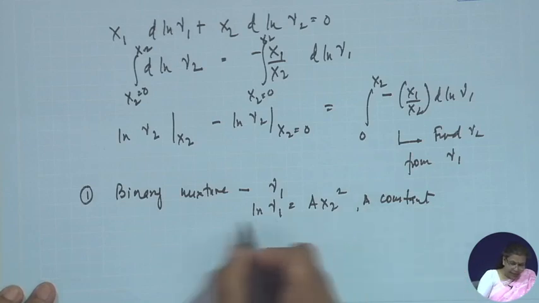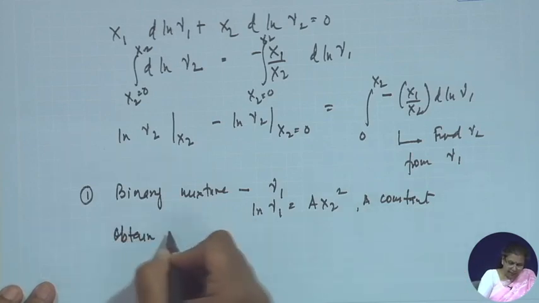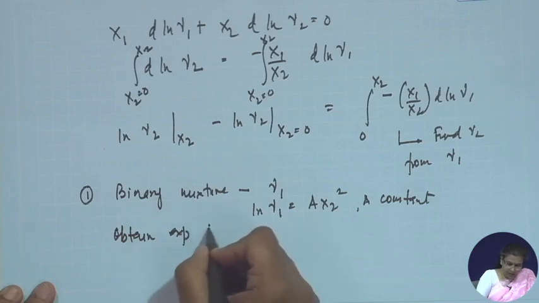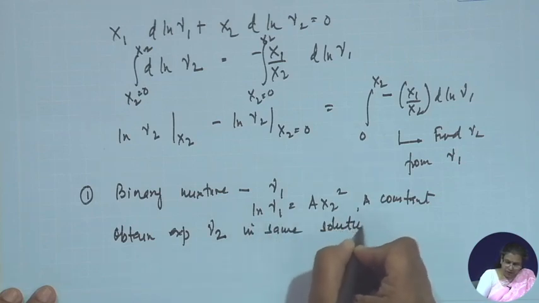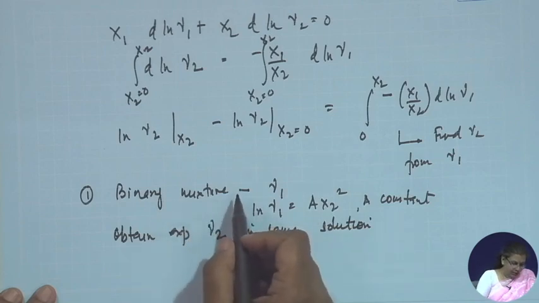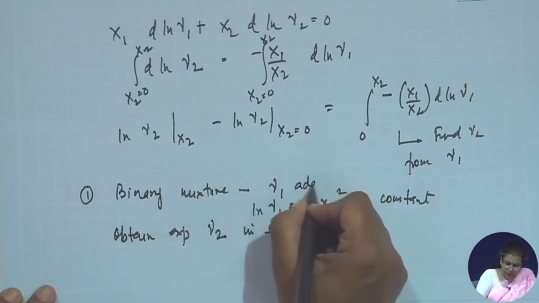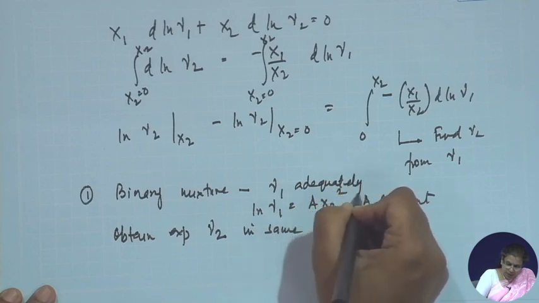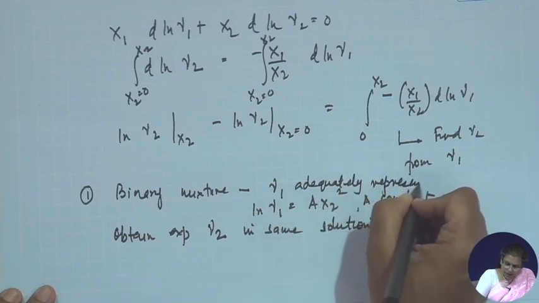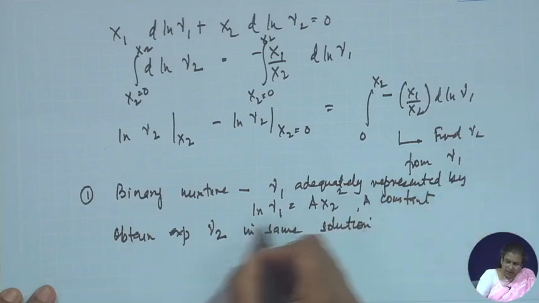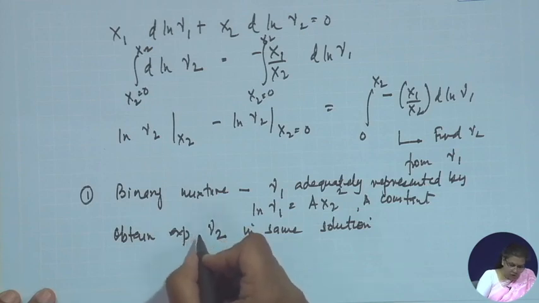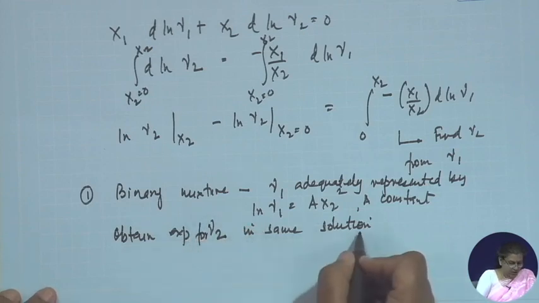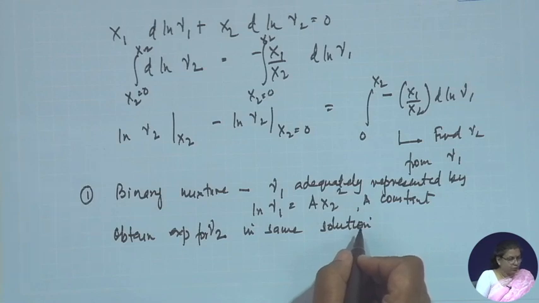I would like to obtain an expression for gamma 2 of component 2 in the same solution. How do we think we should be proceeding for this?